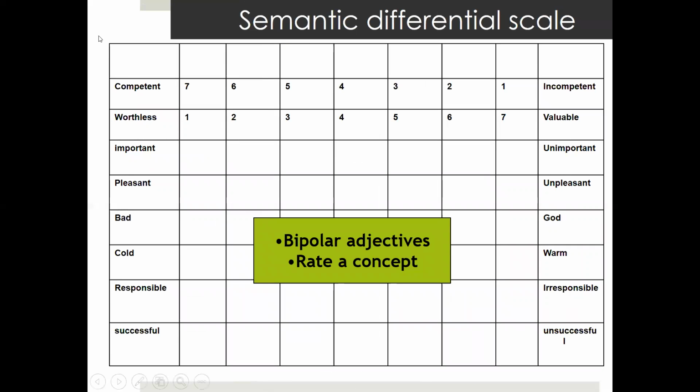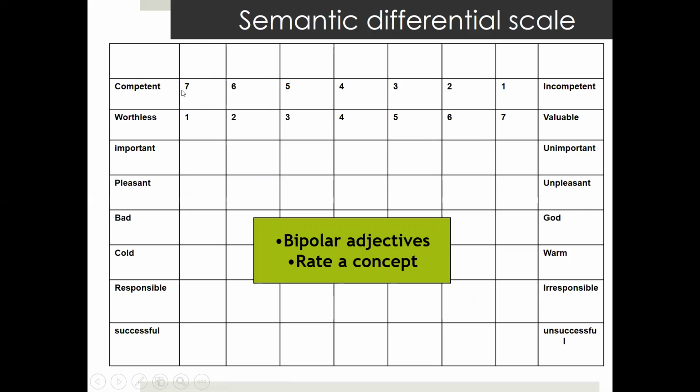Notice here, we can also do a scale that has bipolar adjectives. So good and bad, cold and warm, responsible and irresponsible. And then the individual fills that out from 1 to 7 with their response for those characteristics.